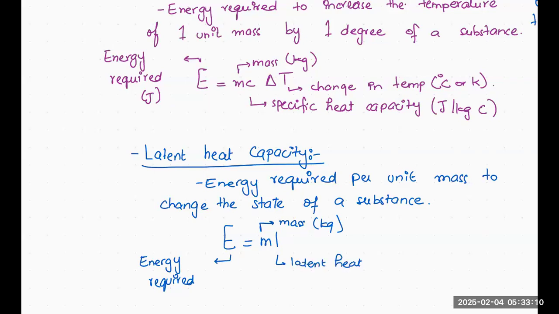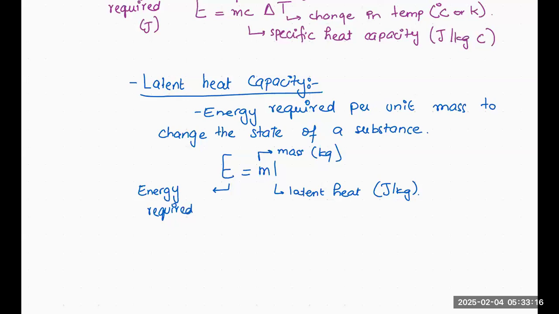Then when we talk about latent heat, we can have two types: latent heat of fusion and latent heat of vaporization. Latent heat of fusion is when you go from solid to liquid or liquid to solid. So when you are melting it or when you are freezing it, that is latent heat of fusion.